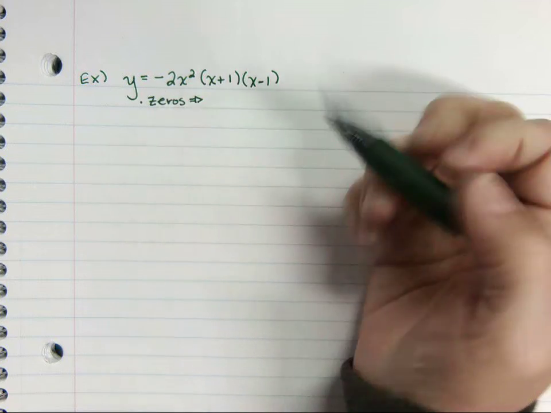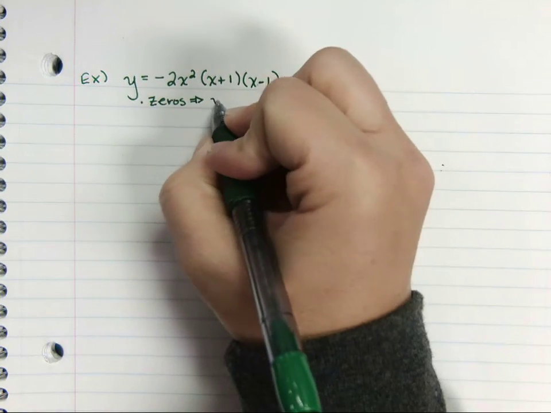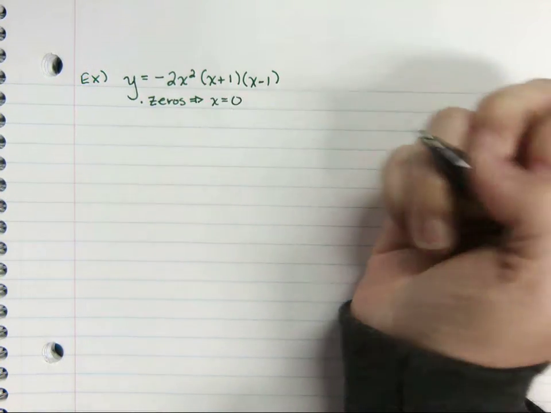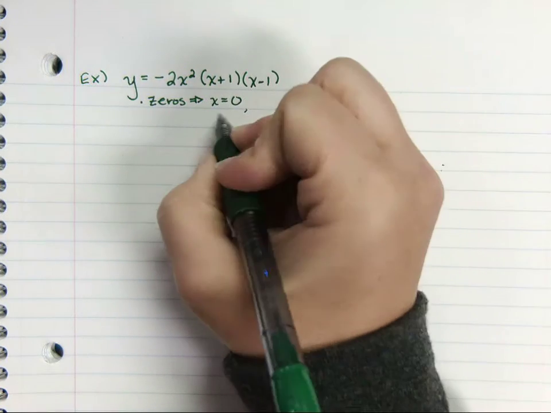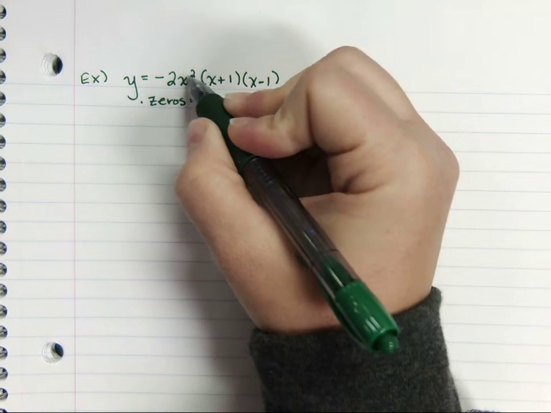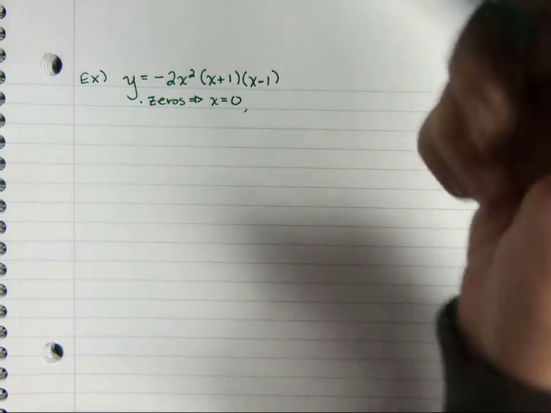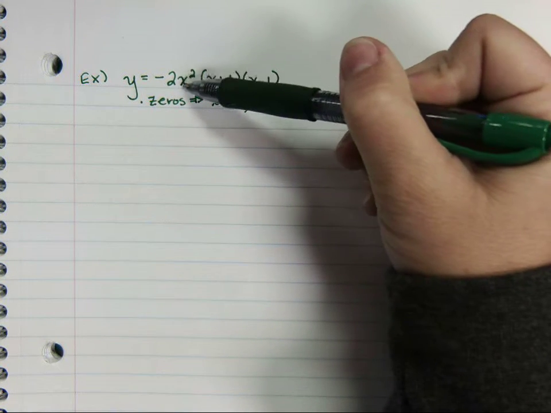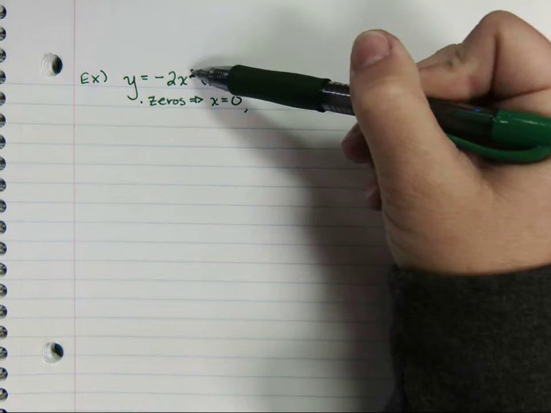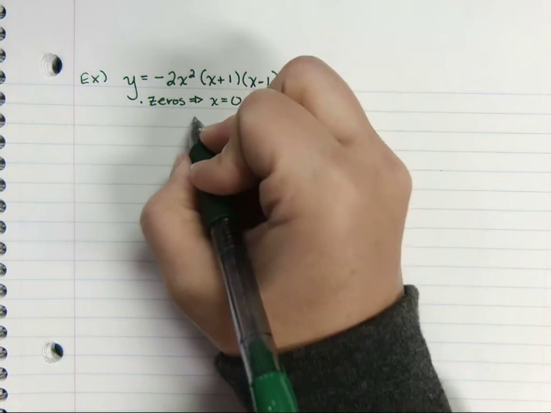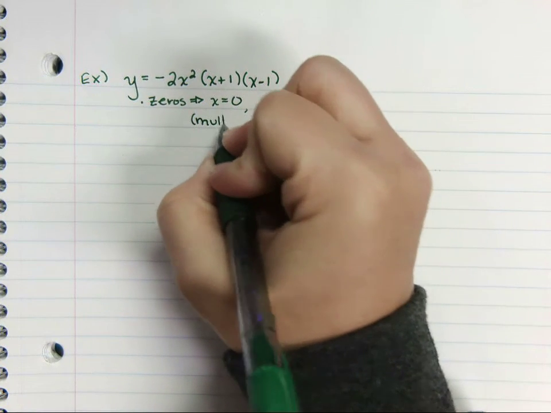So when negative 2x squared is set equal to 0, I get x equals 0 as my first 0. But this one, because of the square, has a multiplicity of 2. So it's not just an x. If I have a factor that has an exponent on it, that means that this has a multiplicity 2.